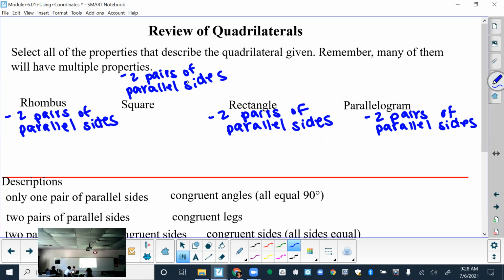Rhombus will have congruent sides. So according to this, all sides are congruent, or maybe 2 sets of congruent sides. I'll have to double check. It says all sides are congruent for rhombus. For squares, are all the sides congruent? So write that for square: congruent sides.